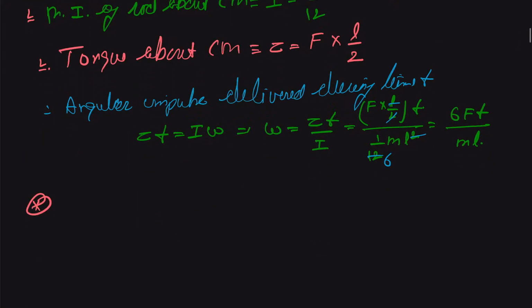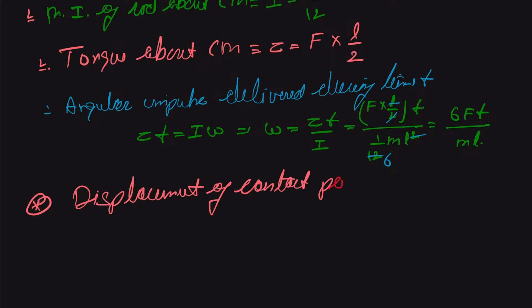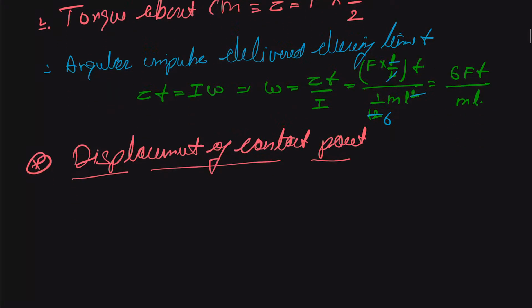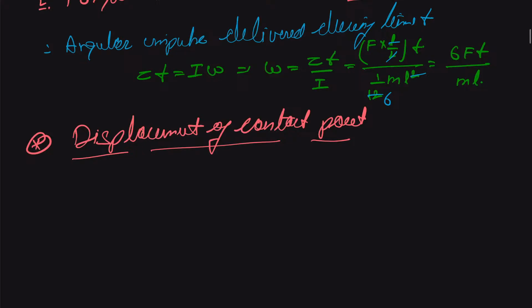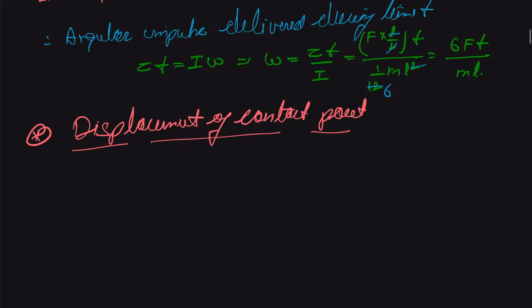So we can say displacement of the contact point, and we know that the contact point is going to have two velocities. One will be our translational, the other one will be our rotational.